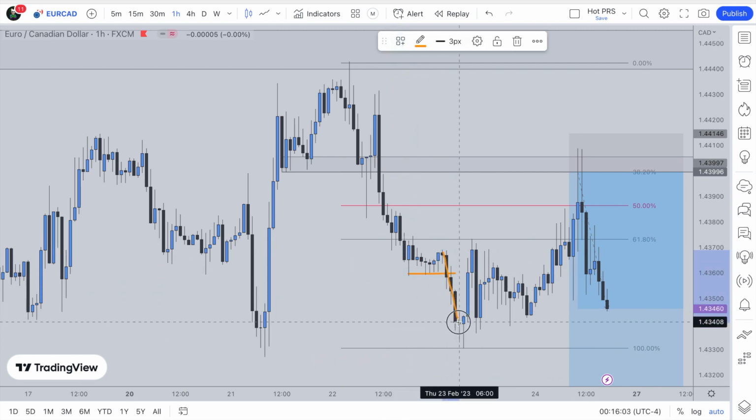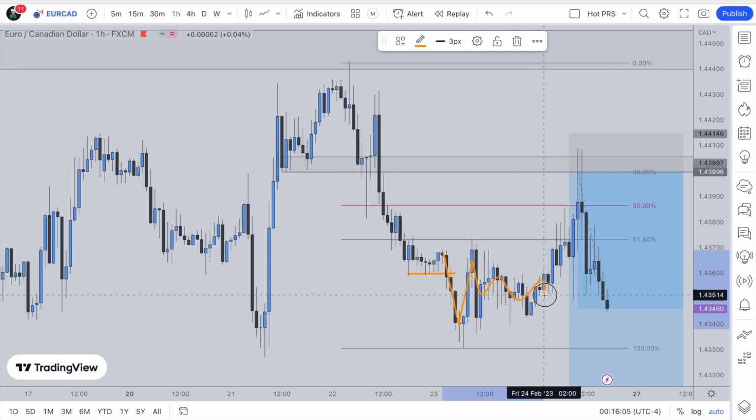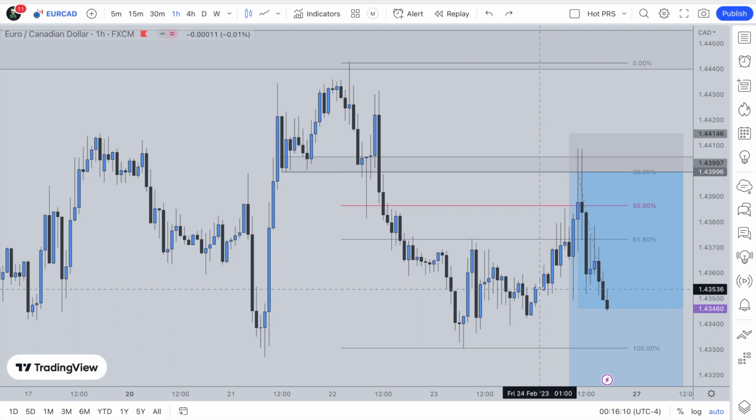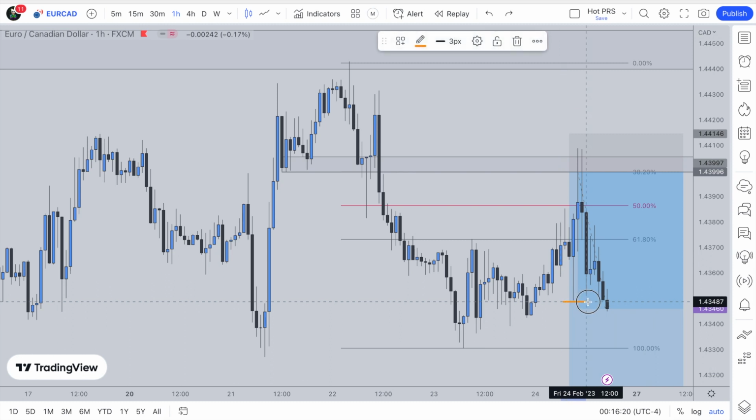Then price went down, we went into this range, and price just started to move slowly. We got some news for Friday, and when the news came out, we had this wick down. I checked my phone and saw price wick down right here, and after the wick down, price went back up. We came back down, then went back up.